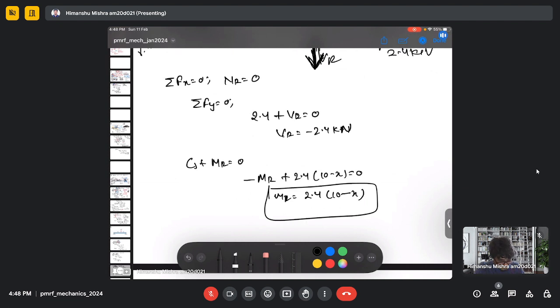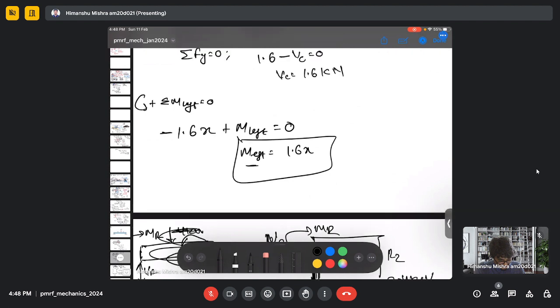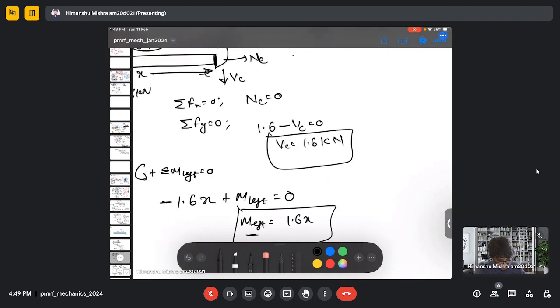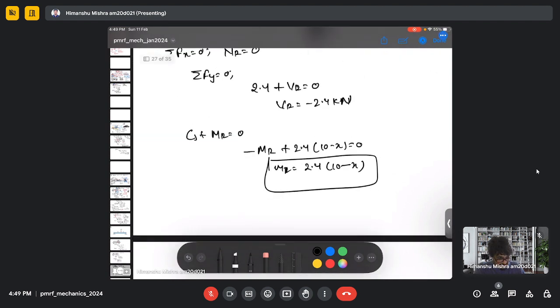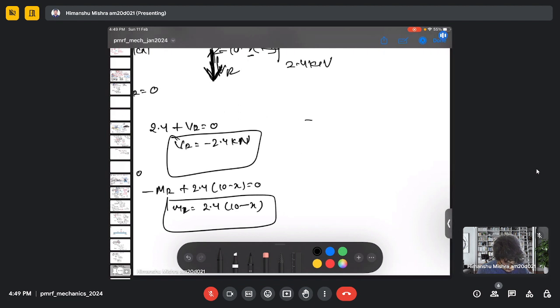So this is my moment at the right hand side, and this is my moment at the left hand side, and this is my shear force at the left hand side, and this is my shear force at the right hand side. So we can now draw the diagram.